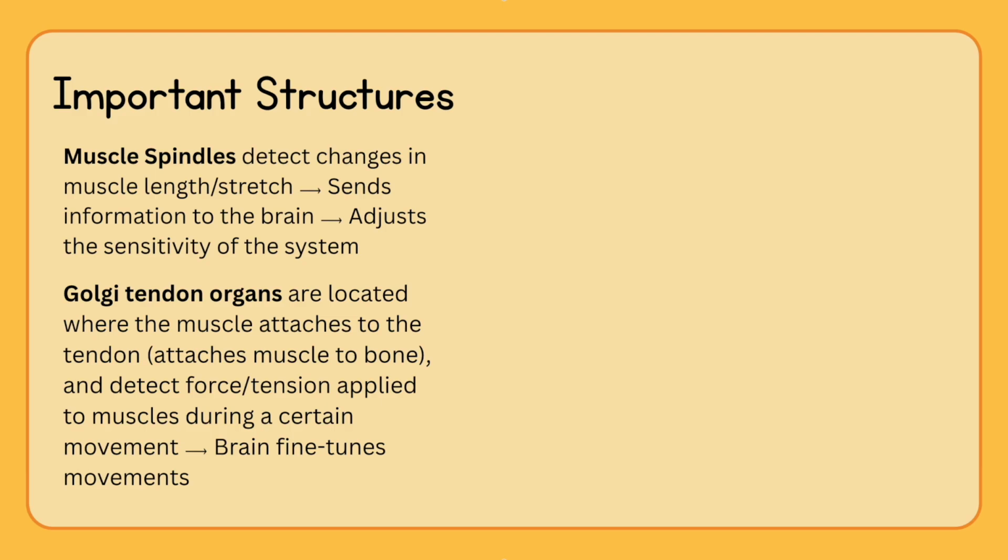And again, the tendon attaches muscle to bone, to detect force or tension applied to muscles during a fine movement. And then the brain is going to fine-tune those movements. So muscle spindles are more for length and stretch, and Golgi tendon organs are more for force and tension. Both super important.